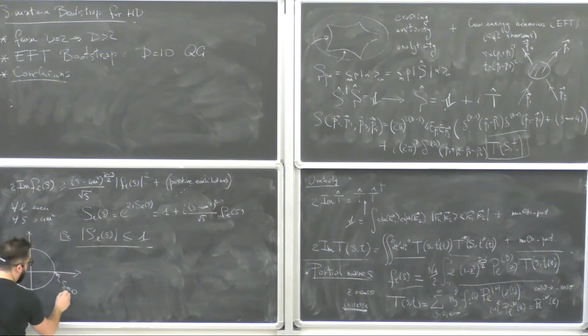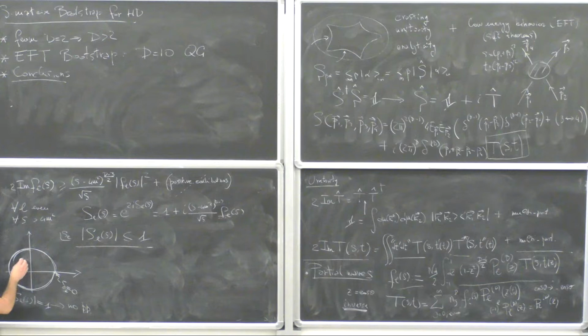For delta L equal to 0, you have the free theory. And then if you are on the boundary of this disk, where SL of S is equal to 1, you have no particle production. And if you are inside, we do expect that physical theories in general will be inside, a little bit inside.